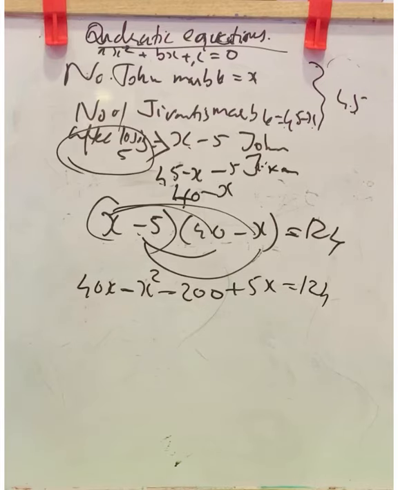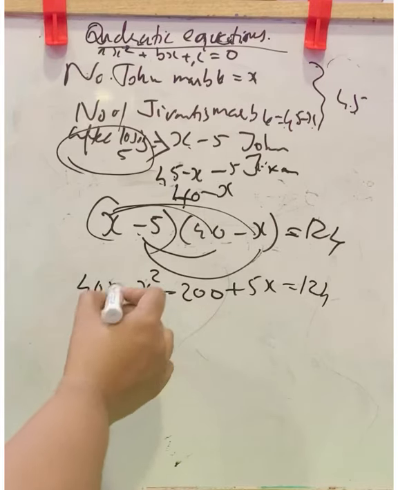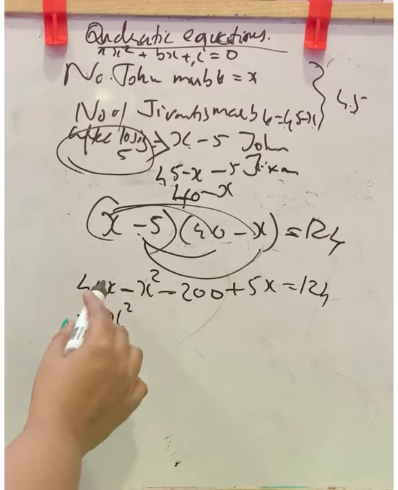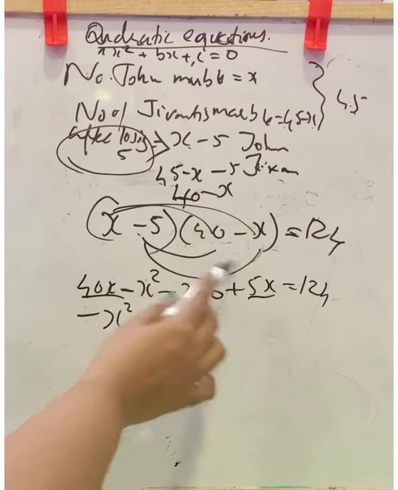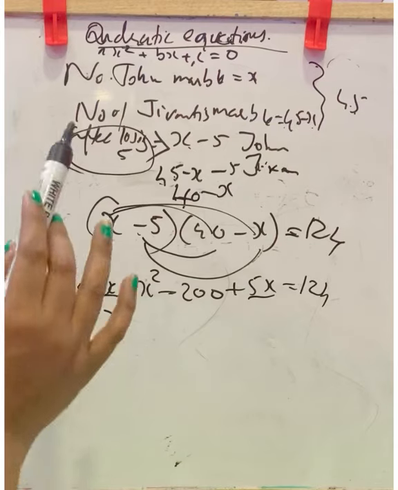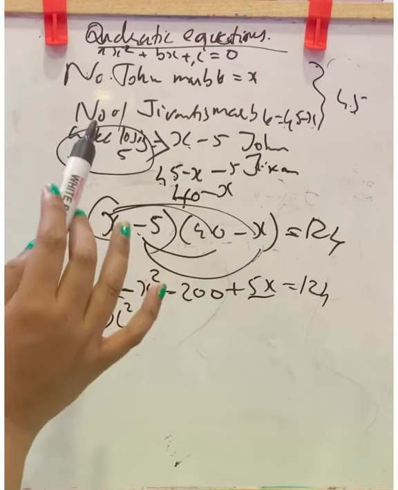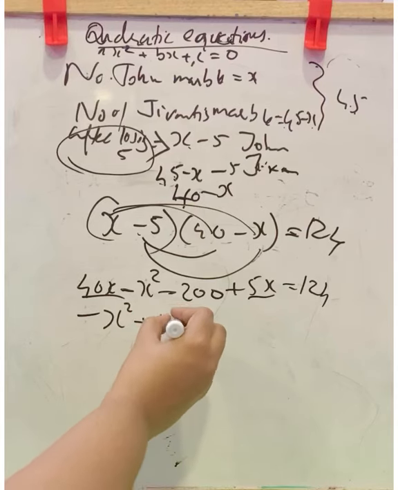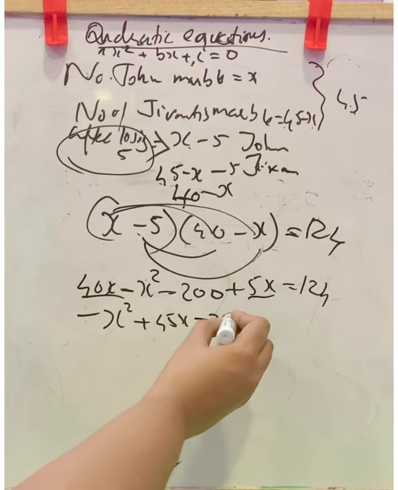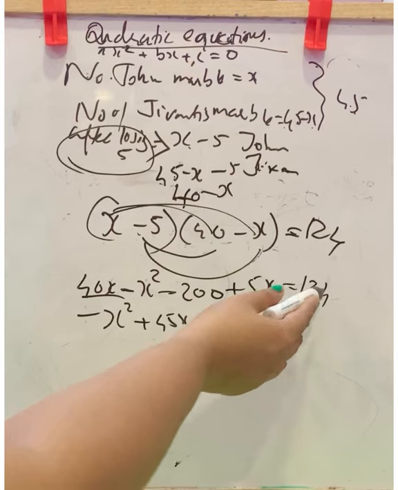Now we can rearrange it. Here one minus x square is there. 40x plus 5x, two x terms are there. You can only operate with the same variables. So 40x plus 5x is plus 45x minus 200 equal to 124 is there.